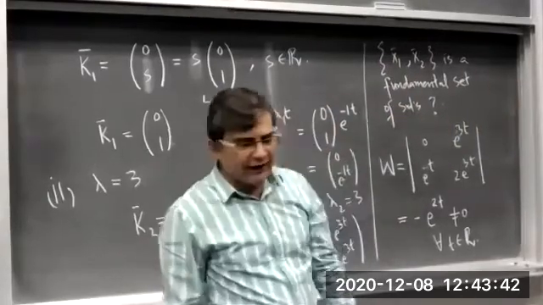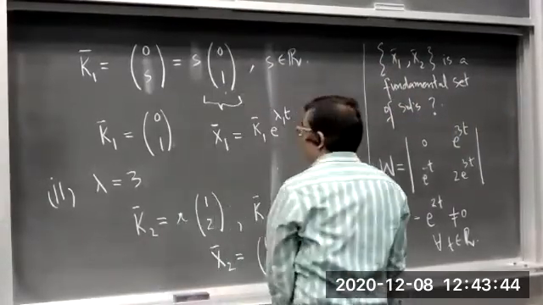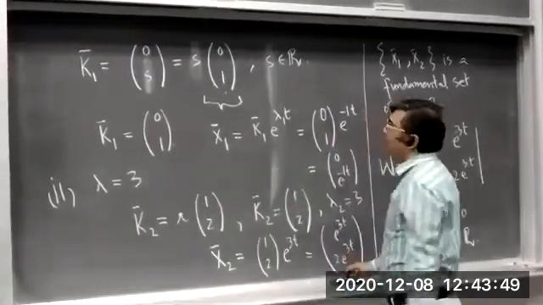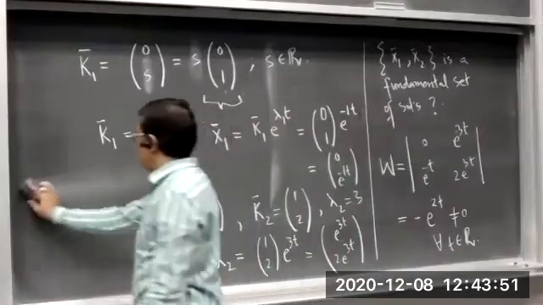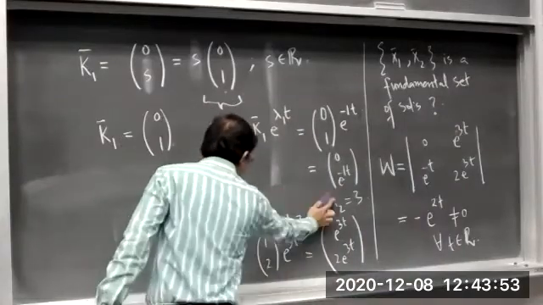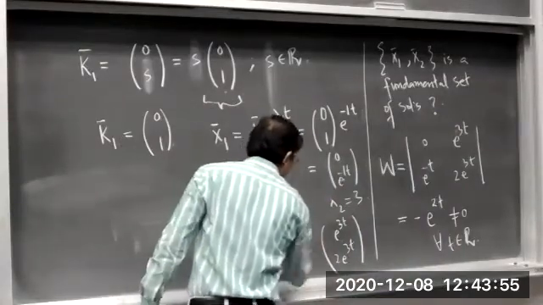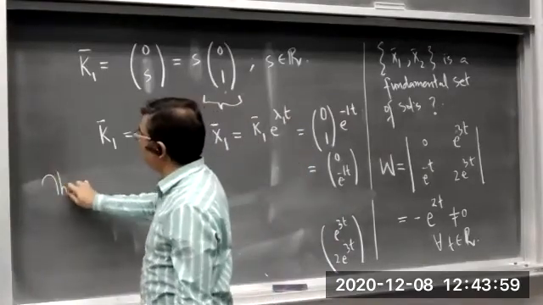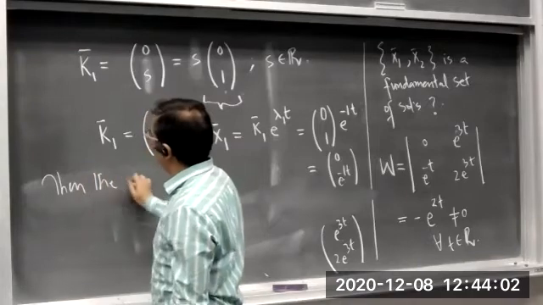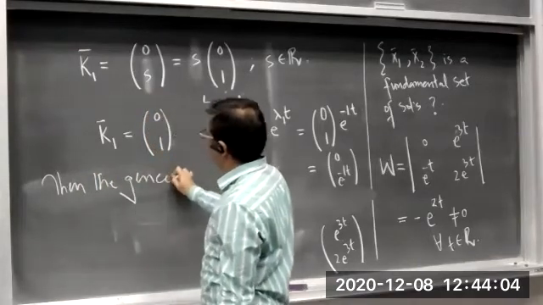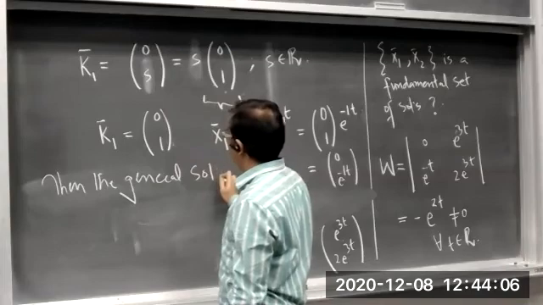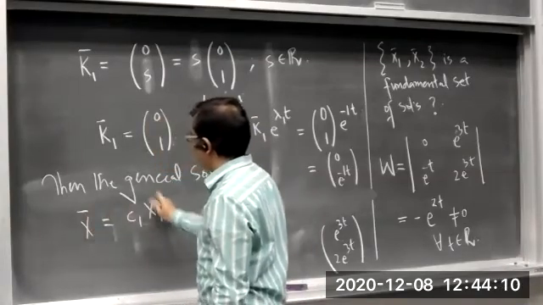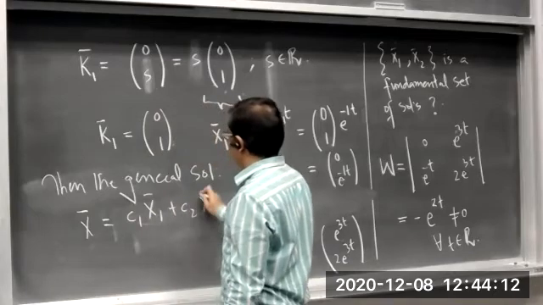If x1 and x2 form a fundamental set of solutions, then we can write the general solution. The general solution can be written as X is equal to C1x1 plus C2x2.